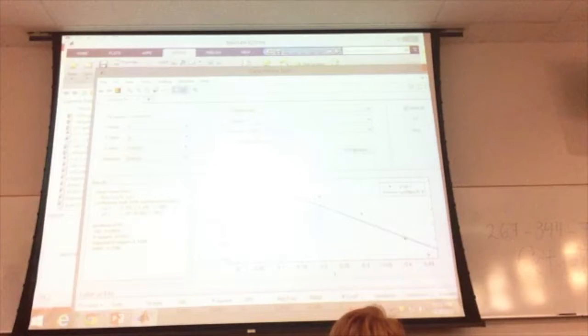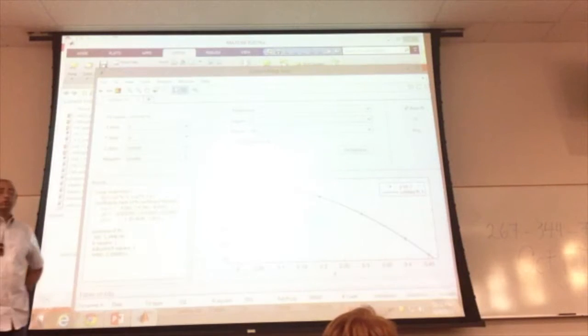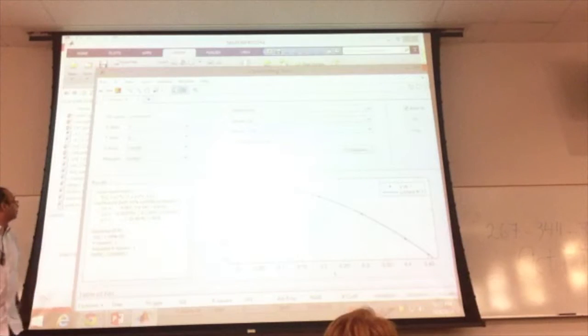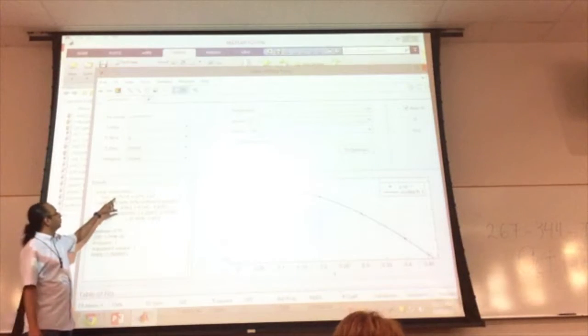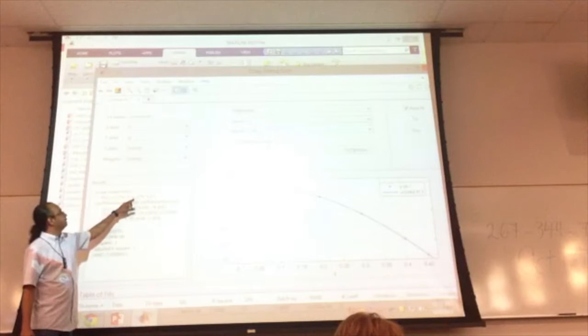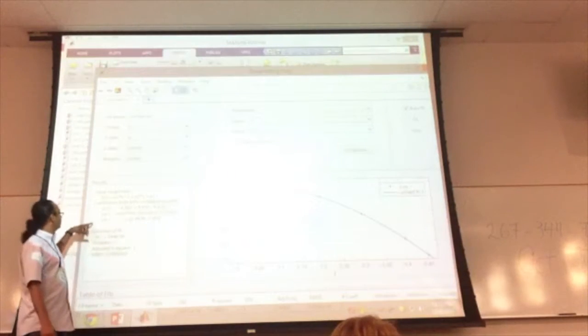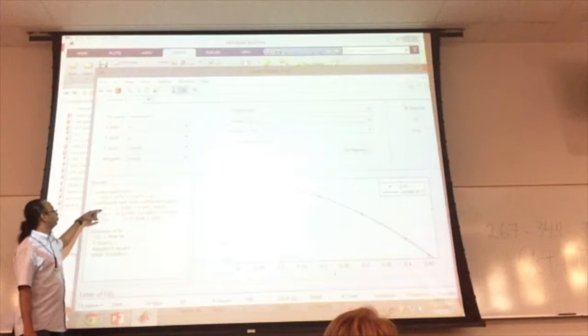A first degree polynomial is a line, a linear polynomial of the form ax plus b. If I were to change that to 2, I would fit a quadratic polynomial connecting all those points, and that is of the form ax squared plus bx plus c. Or in MATLAB language, it's p1 x squared plus p2 x plus p3. And for this particular curve, the values of p1, p2, and p3 are given here.